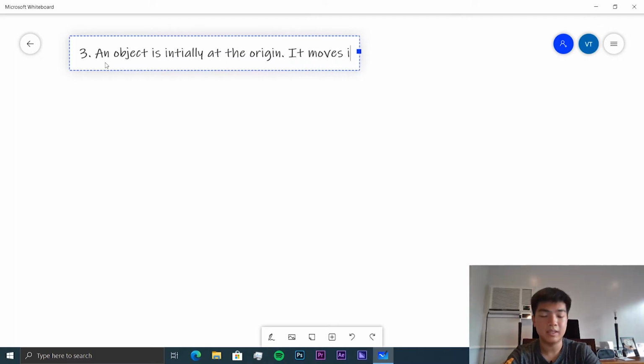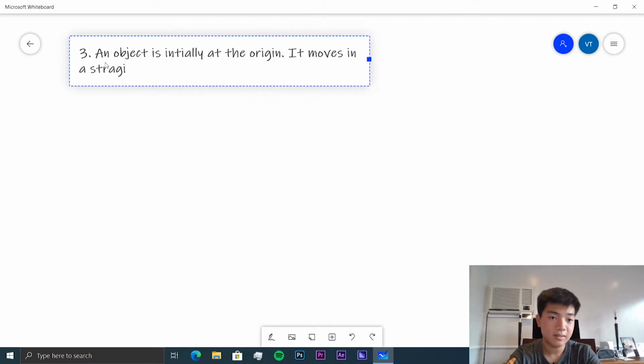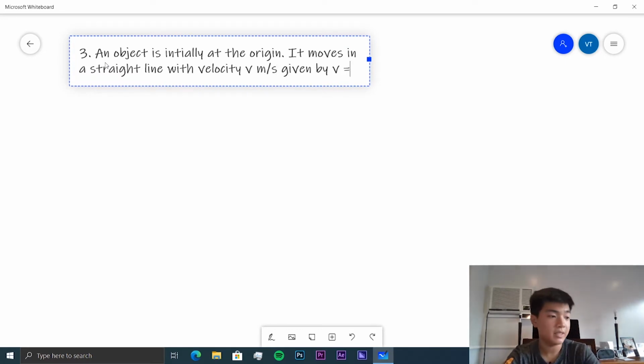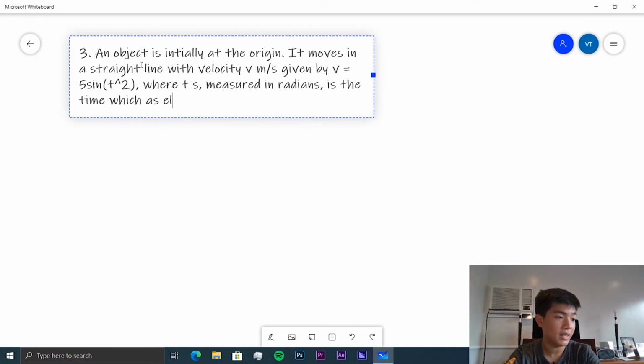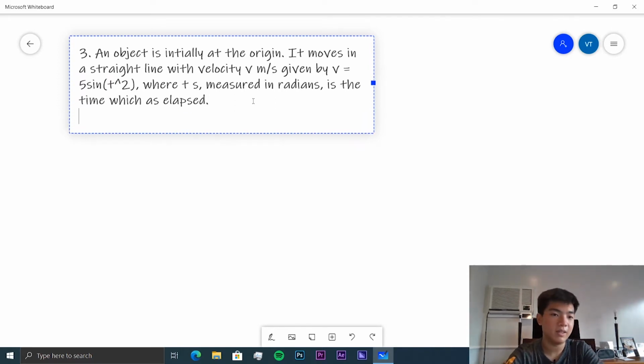It moves in a straight line with velocity v meters per second, given by v is equal to 5 sine t squared, where t seconds, measured in radians, is the time which has elapsed.